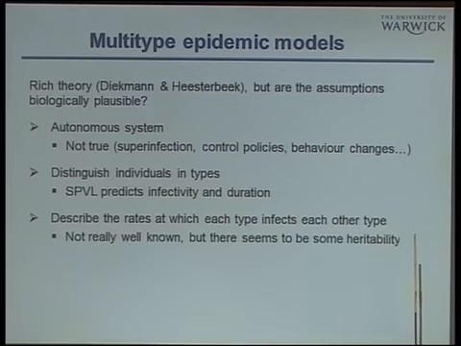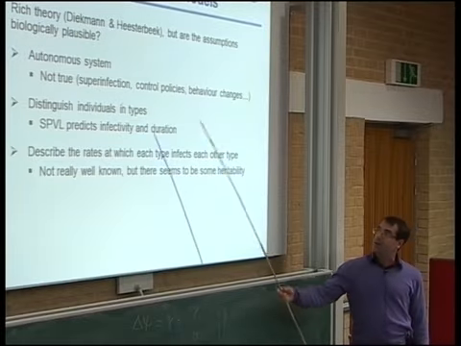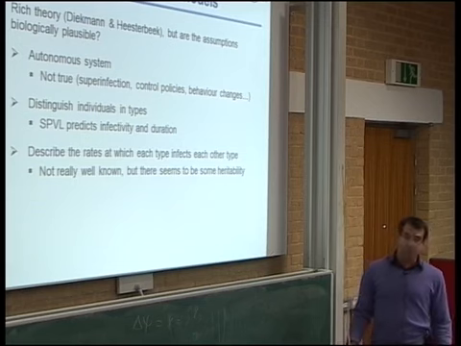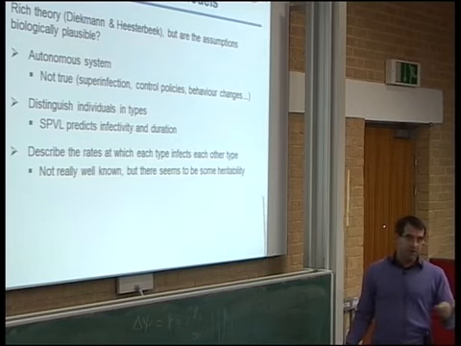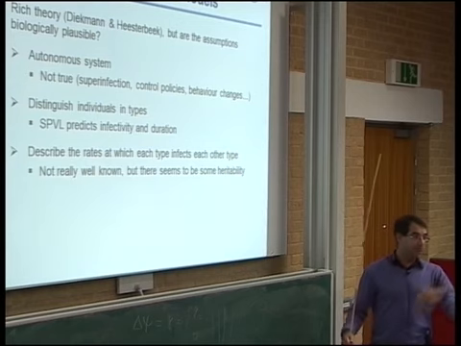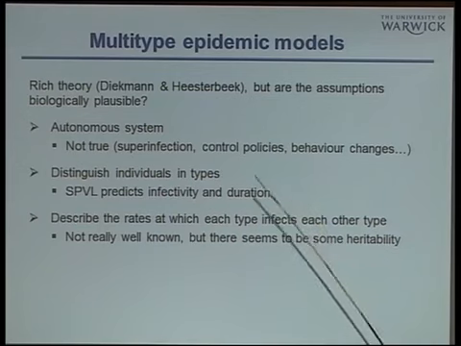So as soon as you get infected, the behavior of your infectious life is independent of what happens outside. Which is not true, because there is evidence of superinfection with HIV, which means that what happens within you depends on further infections that you get from outside. Then the infectious life of an individual is very long, so there are control policies in place, behavior change, and so on.